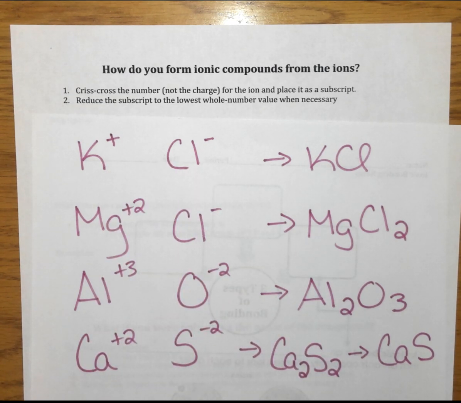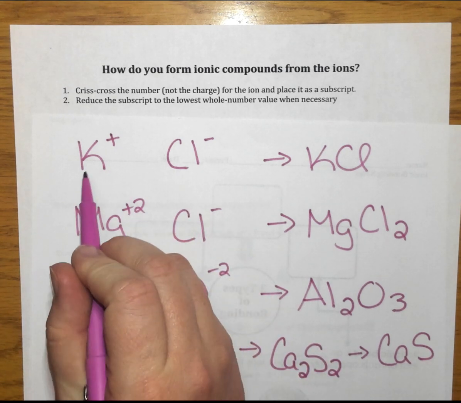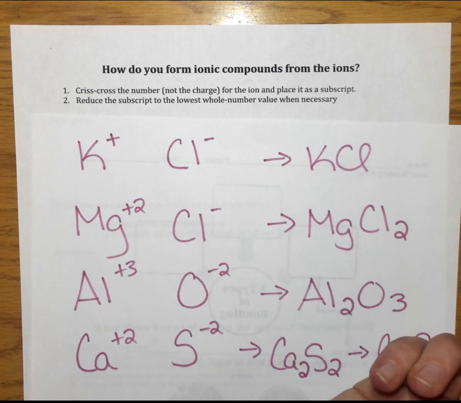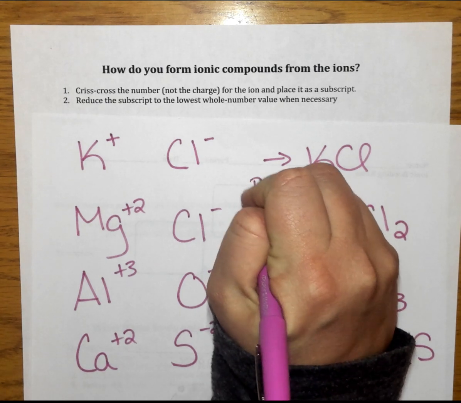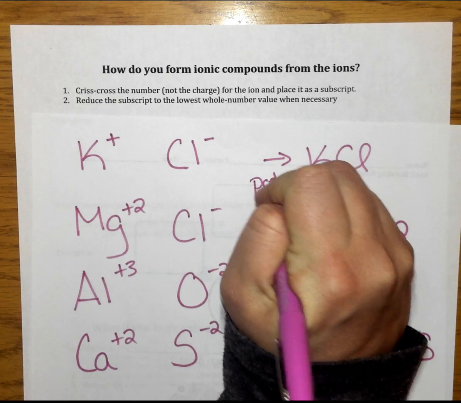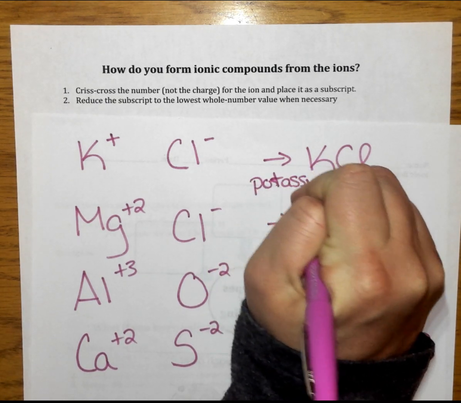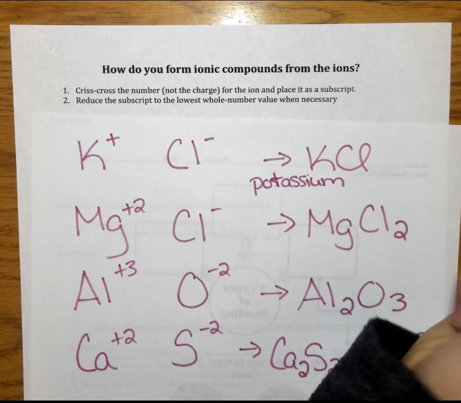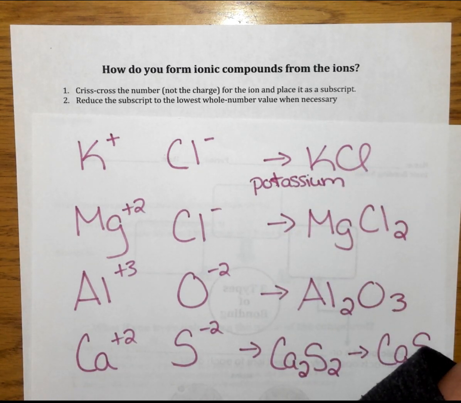So how do we name them? Well, all we have to do is put the metal first. So we take our metal cation, so K plus is potassium. And then we take our anion and we're going to add ide, I-D-E.